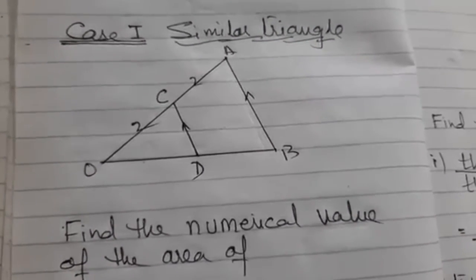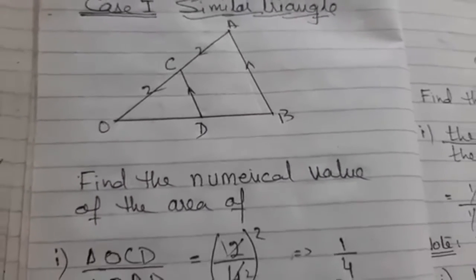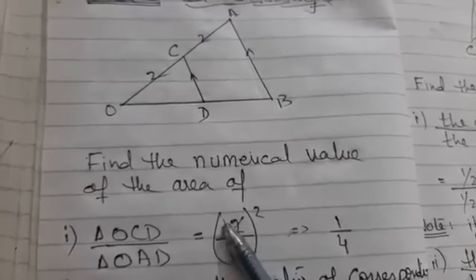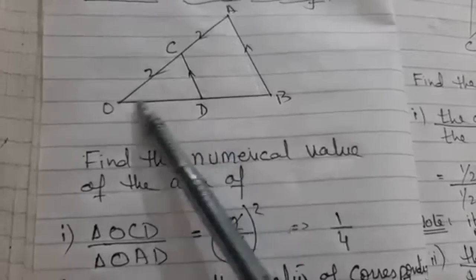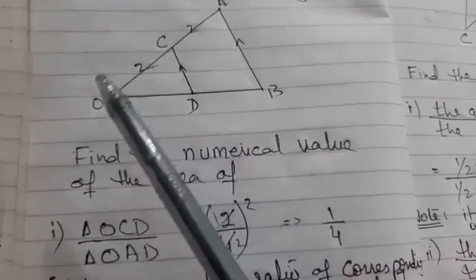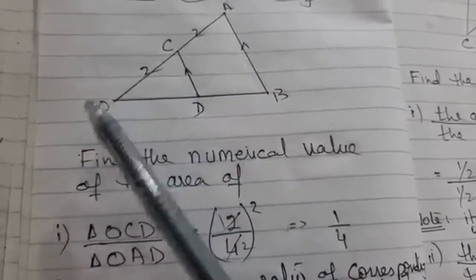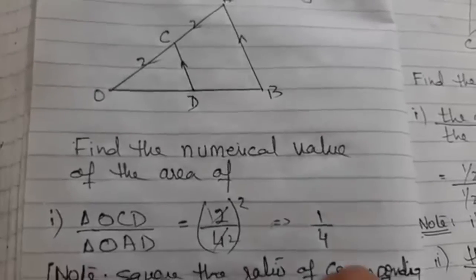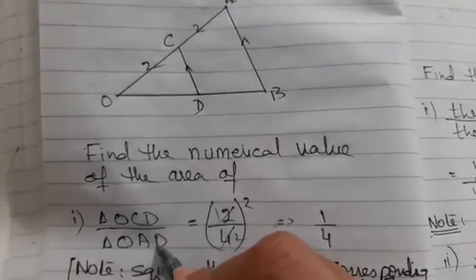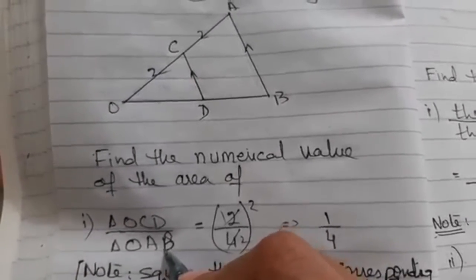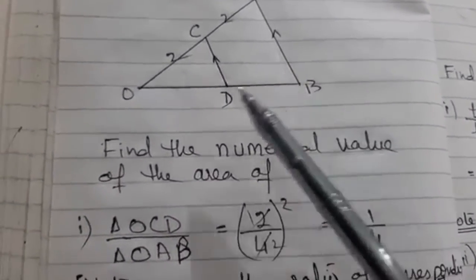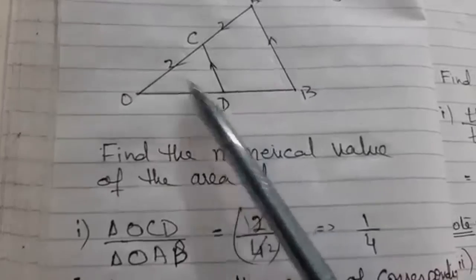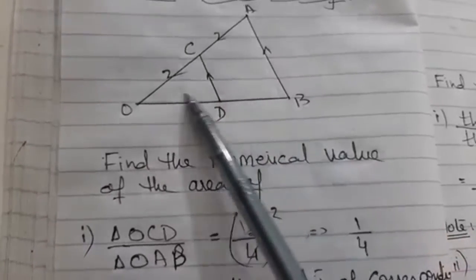If the triangles are similar, and the question is asking you to find the numerical value for the area of OCD and OAB, then you will see what the corresponding sides are in this triangle and in this triangle.